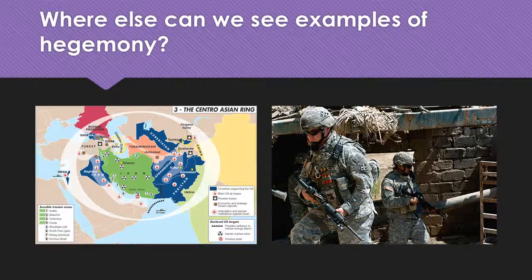But we've been in that struggle, right? We've had this kind of military strife over control in the Middle East. And on the right, you can see an example of the soldiers that are in Afghanistan.